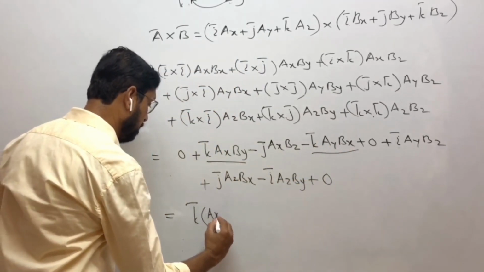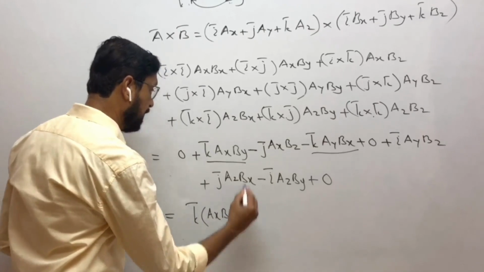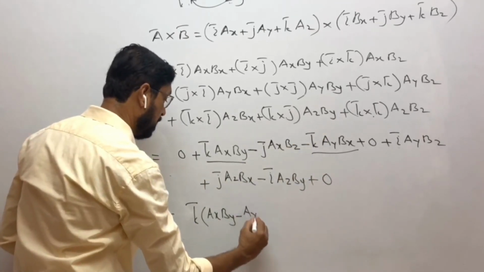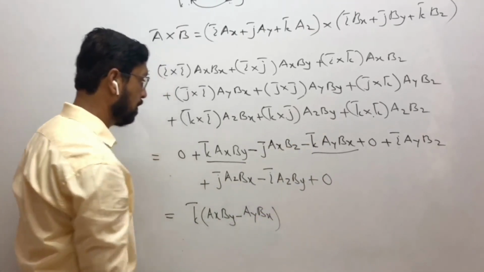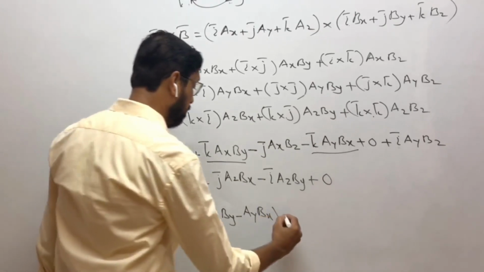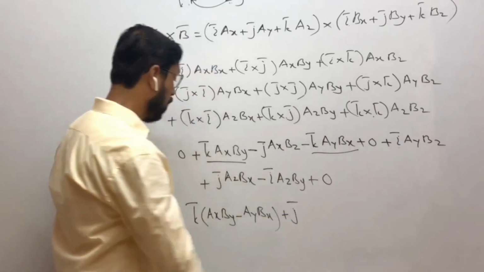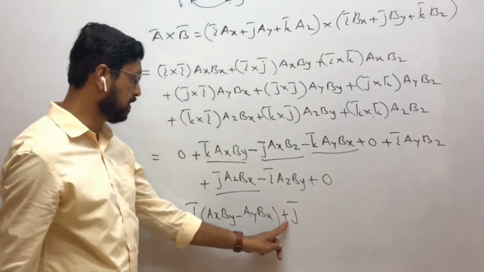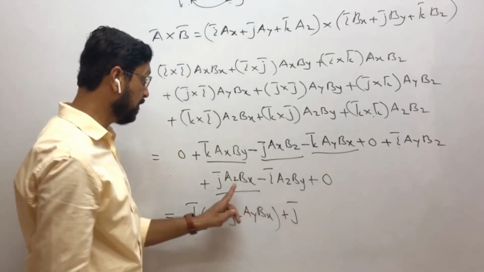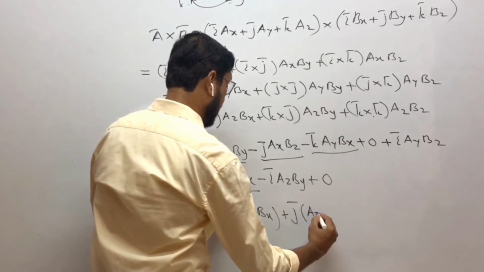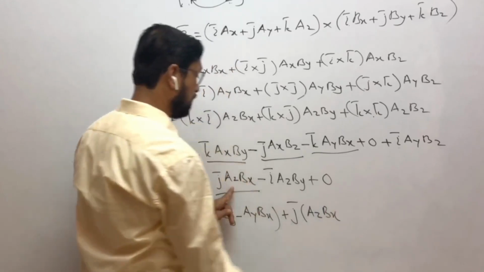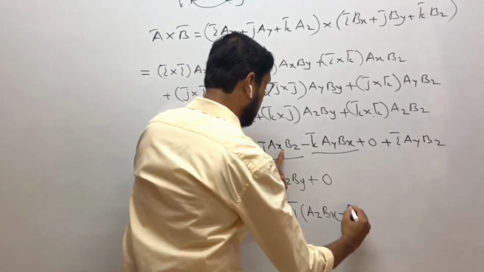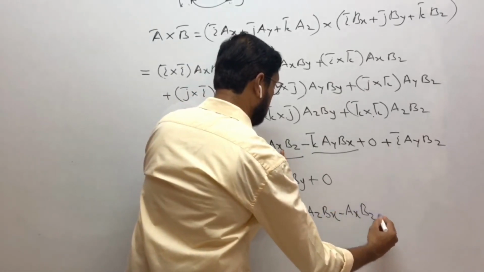AX BY minus AY BX. Then plus J, take common. This J and this J, plus J you have taken common. What is left inside? AZ BX minus AX BZ.